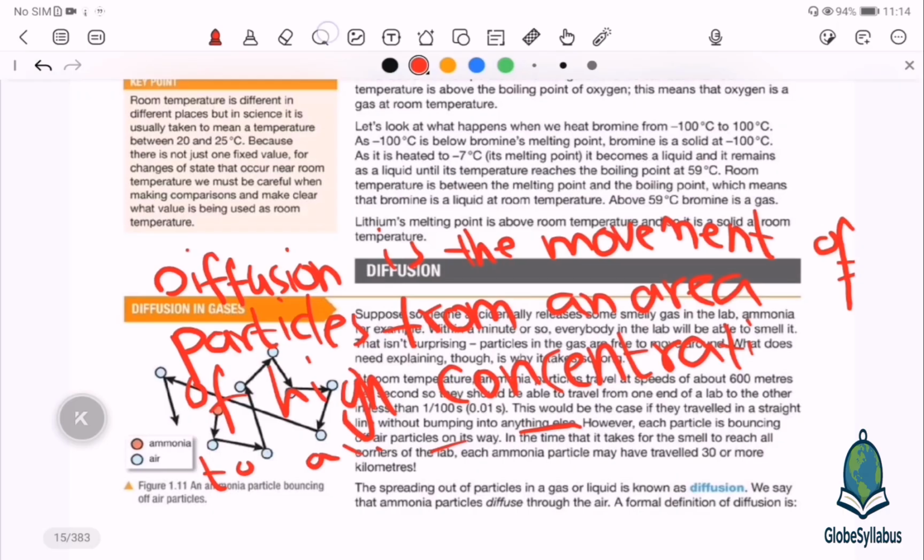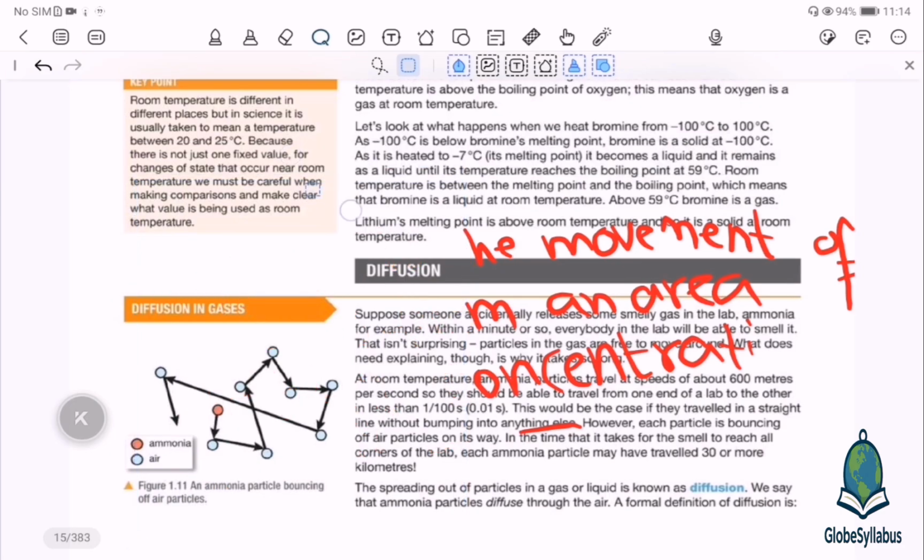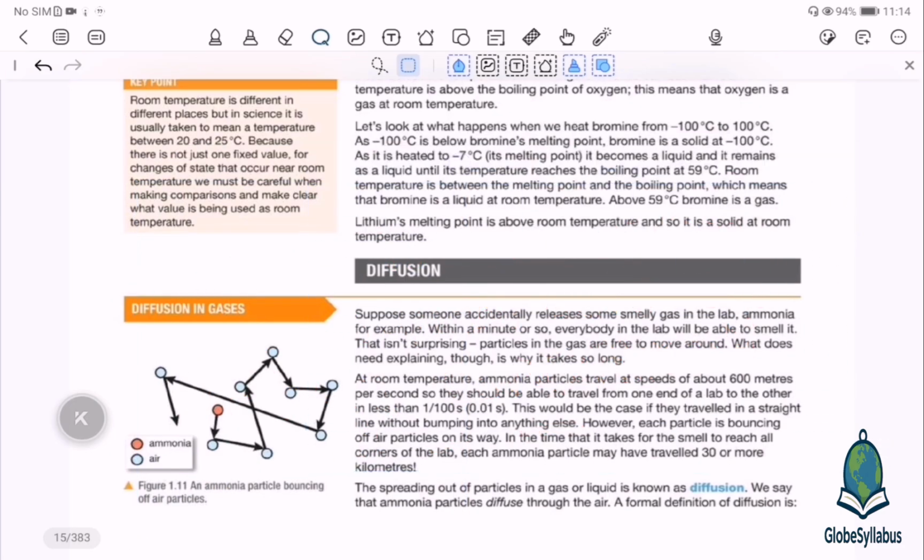That is a definition you need to know. It will come in exams, but it's not that common. But if you write that definition, you'll definitely get the mark. So it's super worth memorizing.